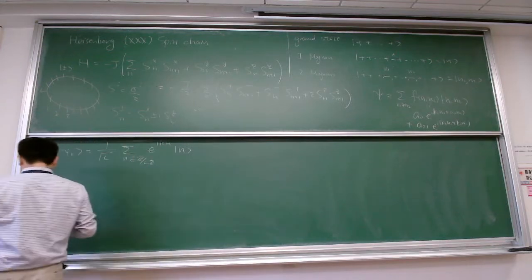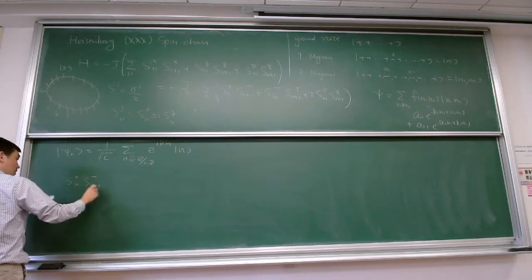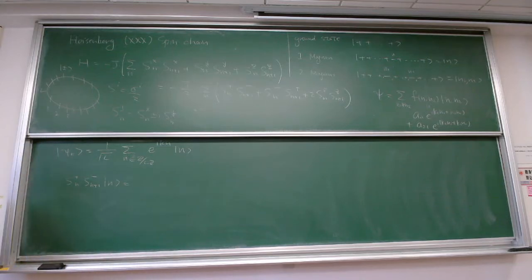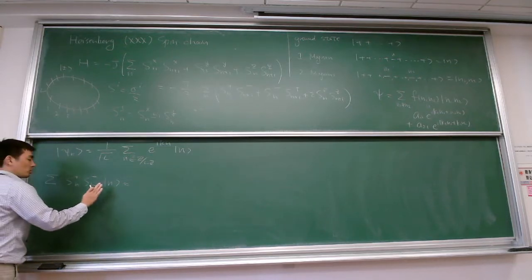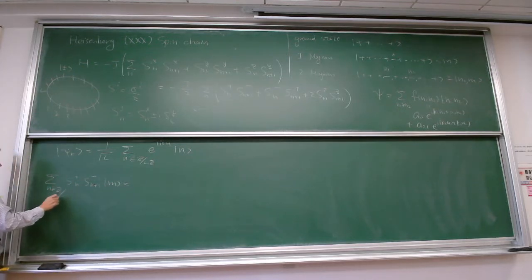And we know that the S plus N, Sn plus 1 minus acts on M, N is equal to, what's going to happen?